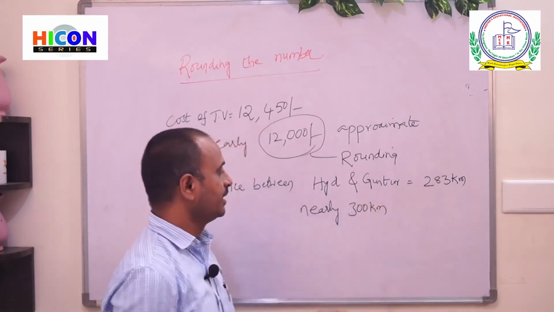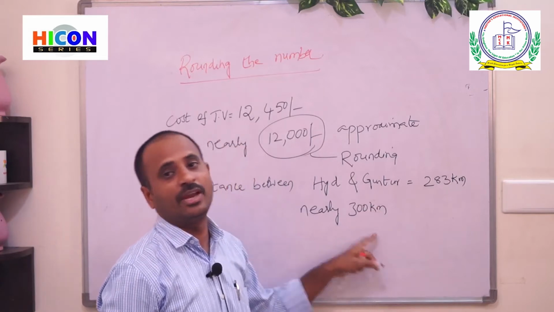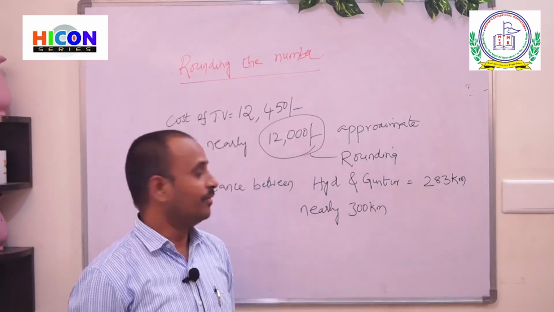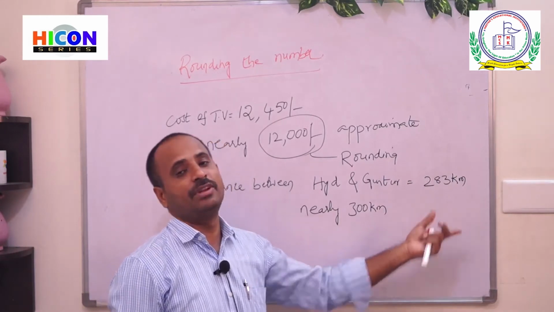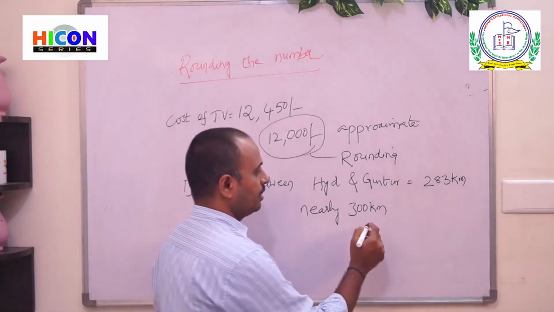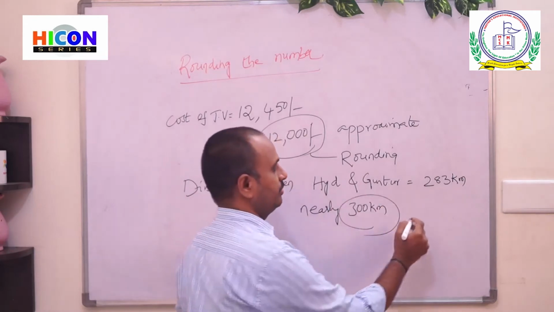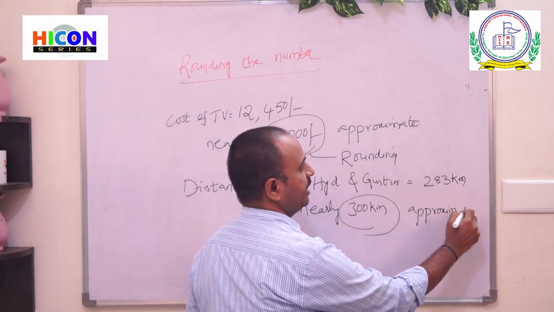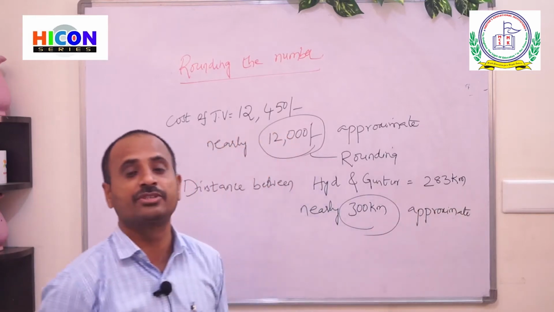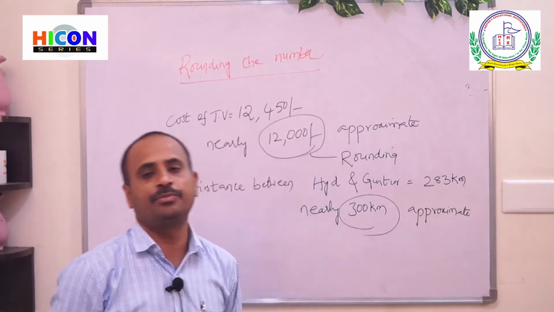That means it is not the exact value, but we have set the approximate number to the given value. So this approximate value of the given number is called rounding the number.